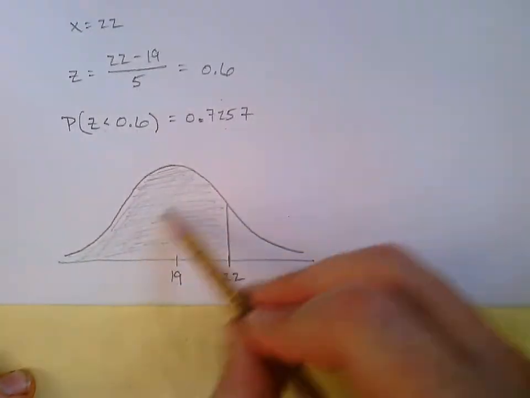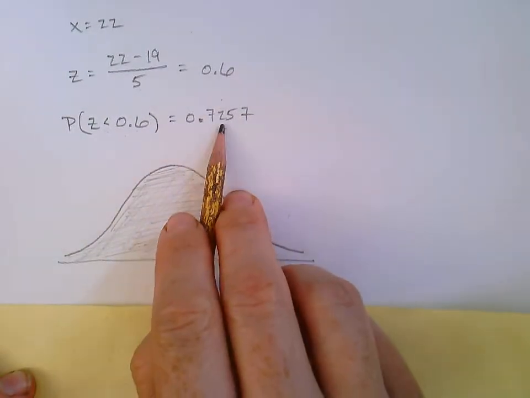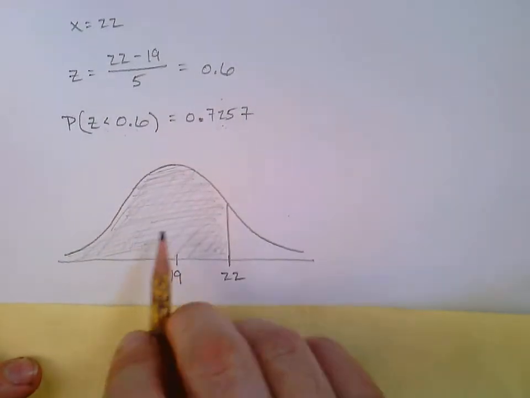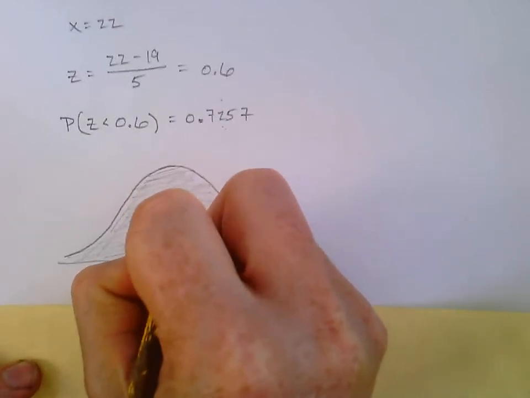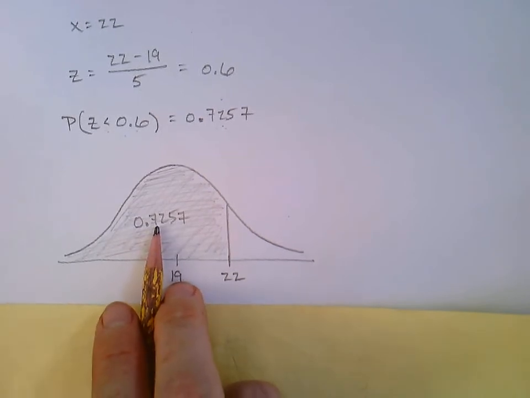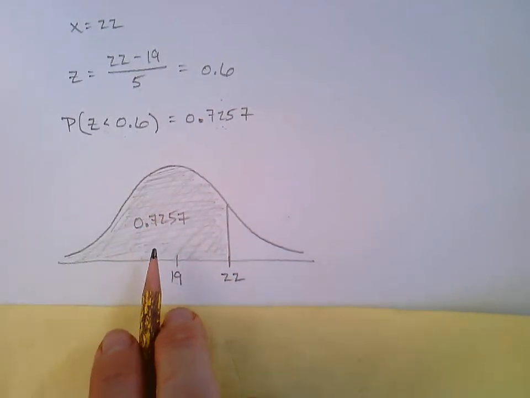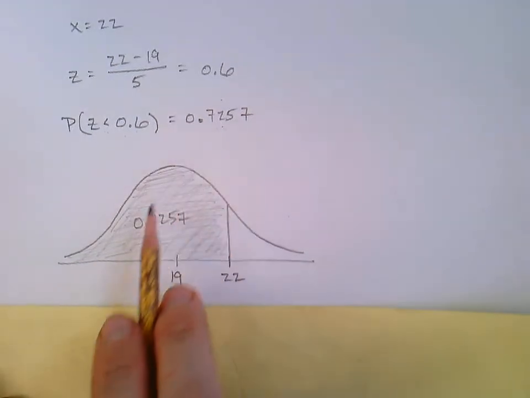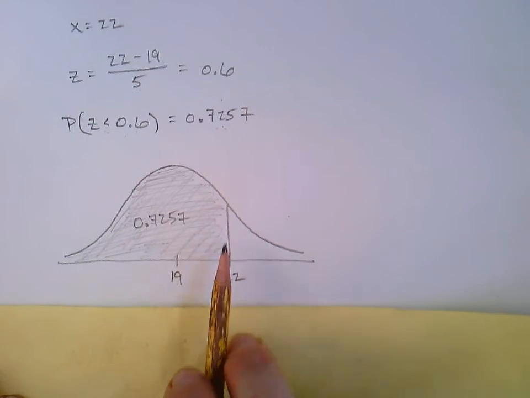And I'm really going for it here, shading underneath. And then I'm going to represent the probability I just found. So this shaded area represents 0.7257 probability. You could also write 72.57% there if you prefer, or you might just write it in the decimal form. And that's it. That's your drawing, your labeling, and your shading.